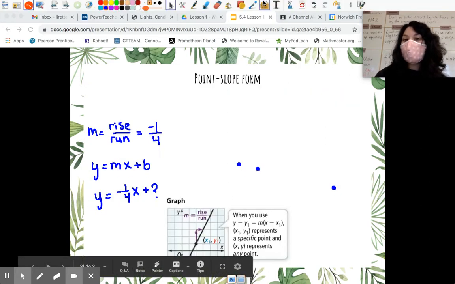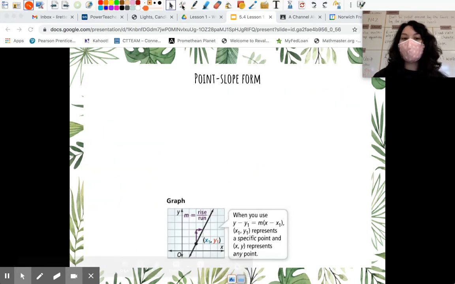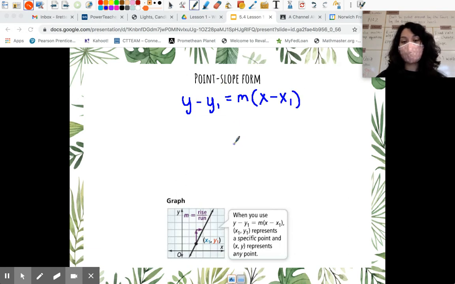And if you've never seen it before, it's going to look a little weird. Here's the formula. So you want to make sure that you're writing this in your notes. y minus y1 equals m parentheses x minus x1. That's point slope form. And this y1, x1 comes from an ordered pair, x1 comma y1.